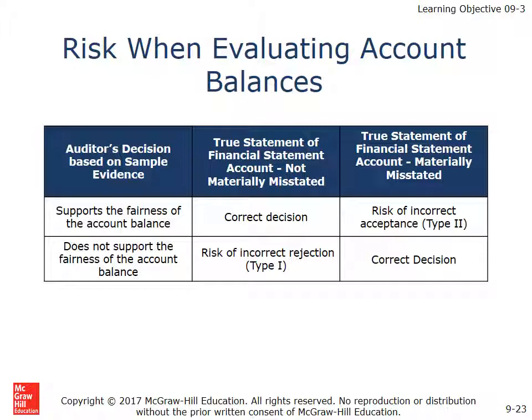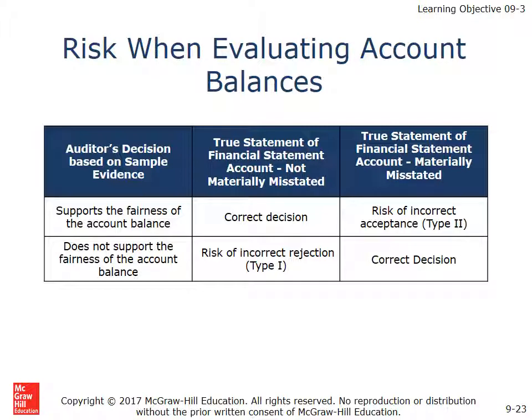If the true statement of financial statements is materially misstated, you have a risk of incorrect acceptance. So if you feel, after evaluating, comparing your tolerable misstatement to your upper limit misstatement, that it supports the fairness, that it is not materially misstated, you run the risk of accepting it when it's materially misstated.